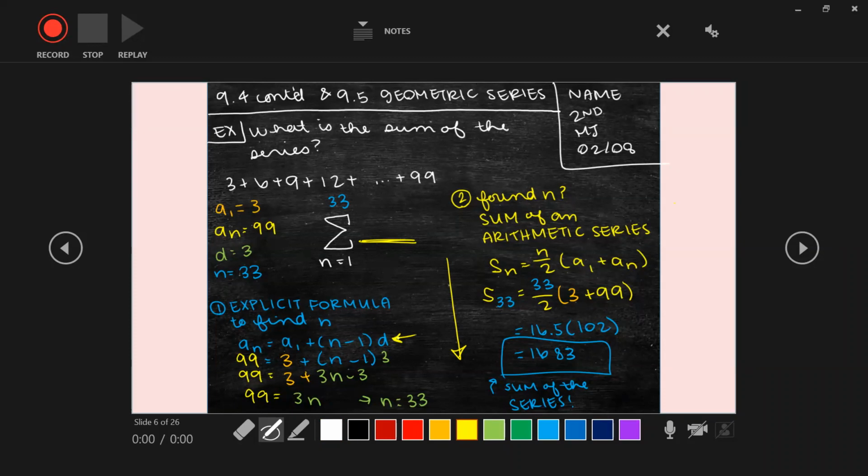As long as you simplify this right-hand side, whatever it simplifies to is going to be your explicit formula. So before you move anything to the left-hand side, because a sub n is still itself, even though we replaced it with 99, it's still just a sub n. Our explicit formula is just whatever we simplified this to be. So the explicit formula for this one is going to be 3n.